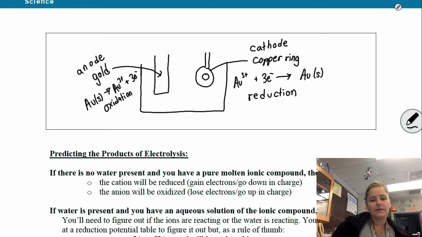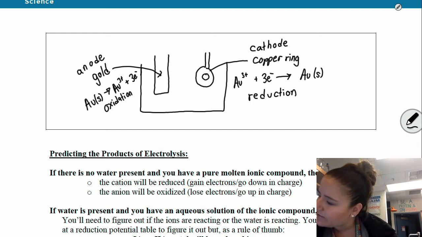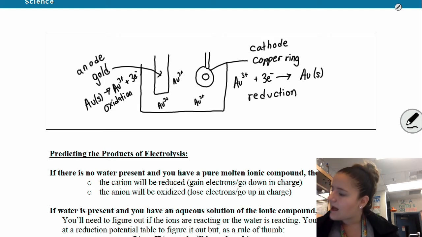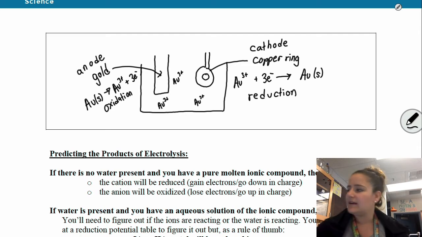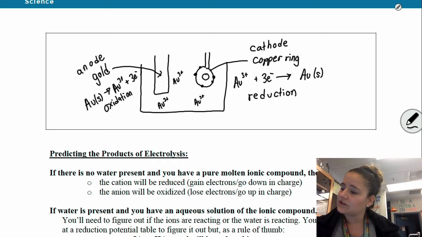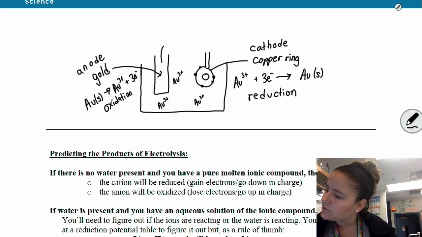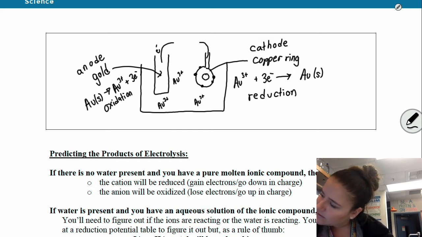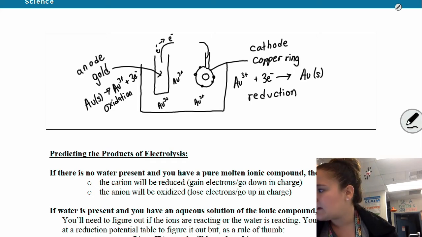So you can picture that in solution: we have our gold ions breaking off from that gold metal, and then they gain electrons over here to form back into the solid. So the electrons must be removed from the anode and placed on the cathode. And then there is our battery.